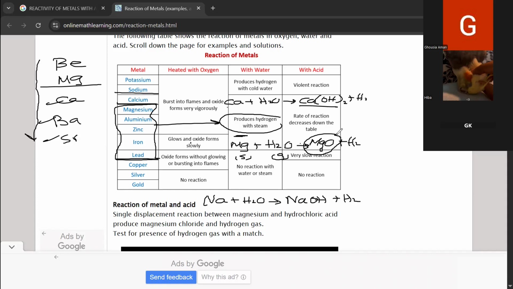Similarly, aluminium, zinc, iron, lead, you have to heat them strongly and pass steam over them. They will form their oxide and hydrogen gas. They will just change color; they're not going to form an alkaline solution. Whereas copper, silver, gold, whatever the elements after hydrogen, do not react at all. Now, reaction with acids.